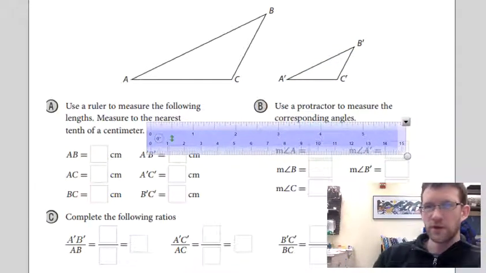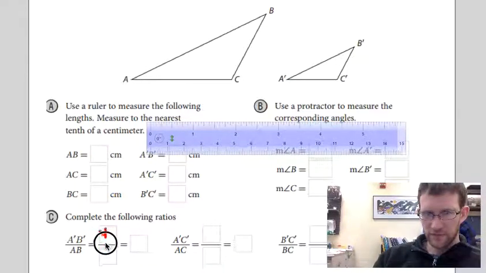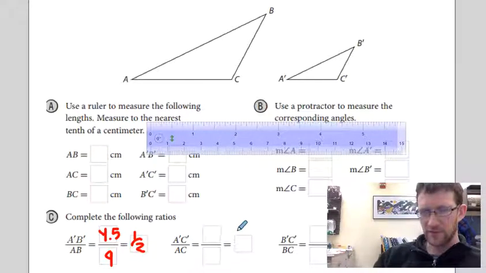And that's true. So one of the things I want you to figure out here is that if this is, what did we decide, 4.5 for this one? 4.5 divided by 9. That's 1/2. So the ratio of these two sides is 1/2, right? The ratio of these two sides is 1/2. The ratio of the other two sides is 1/2. So 1/2 is our scale factor.